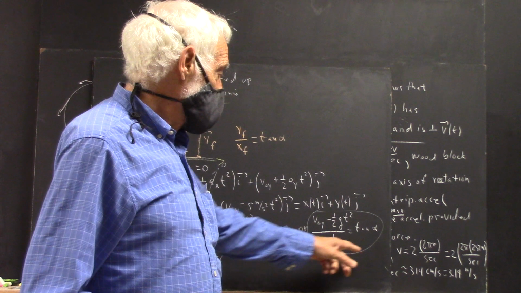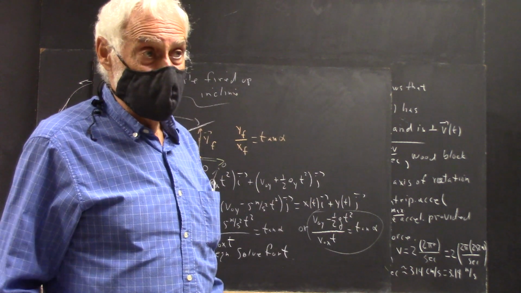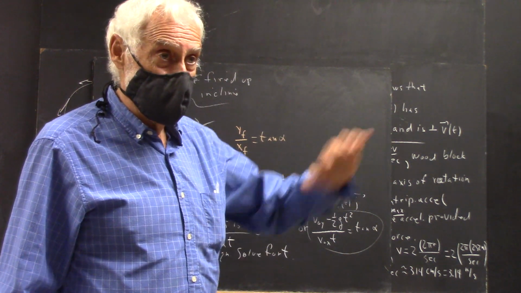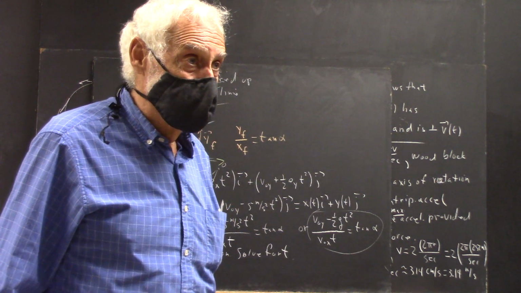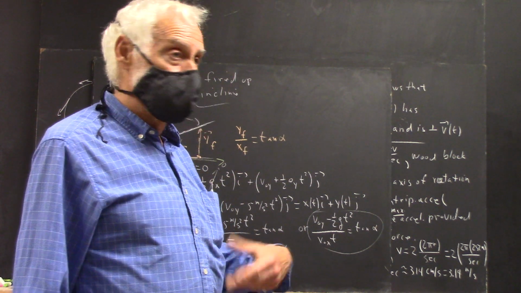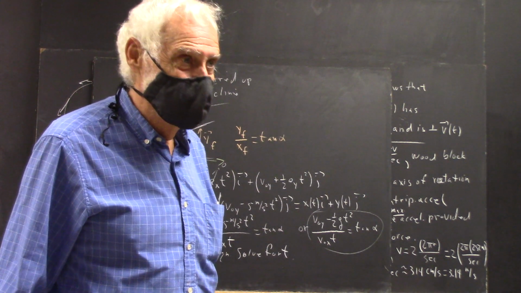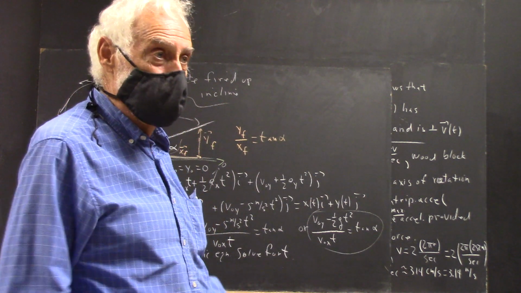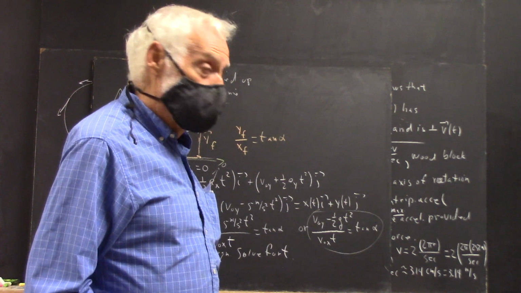You're not likely to get something you can factor. The real world is not that cooperative. And if you did get something you could factor, there'd be uncertainty in it, so you really couldn't. So there's no point in even trying. Just rearrange this.